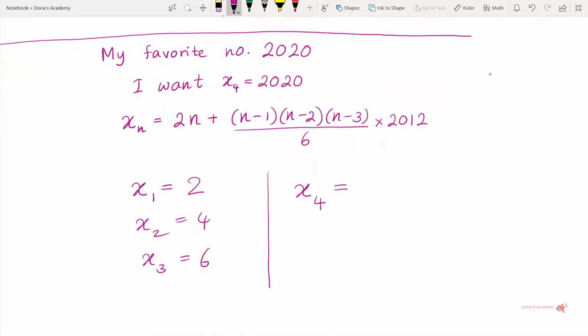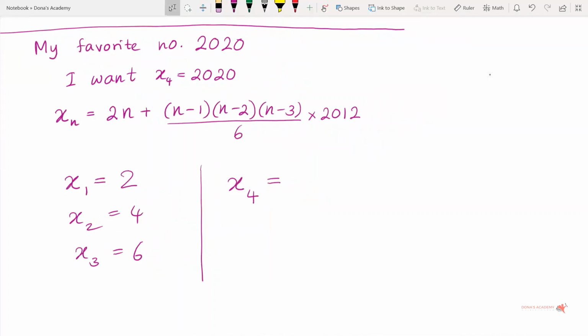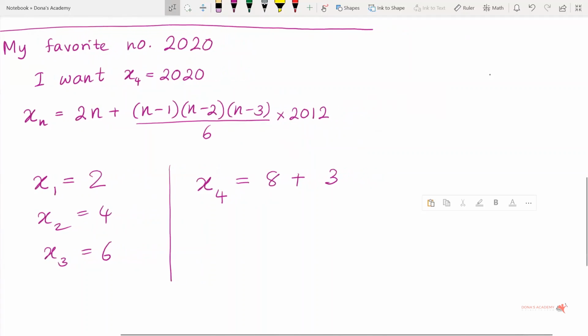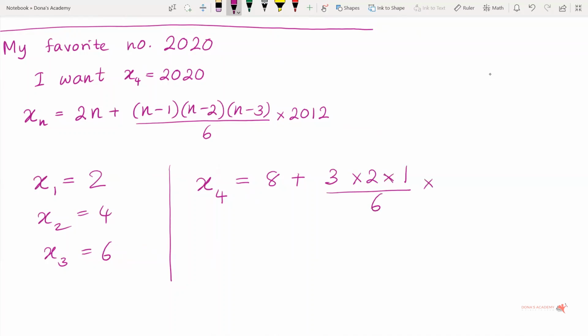That's what I wanted. If I plug in 4, I get 8 for the first term. And how about the next one? I get 3 times 2 times 1, and then divided by 6 times 2012.